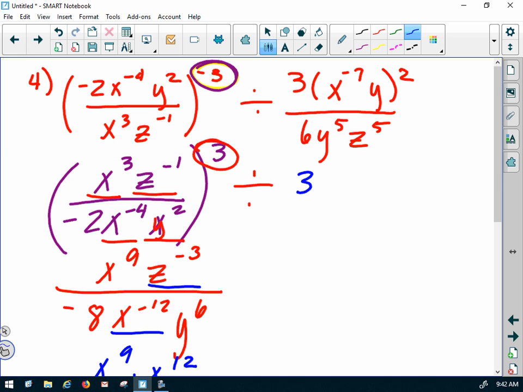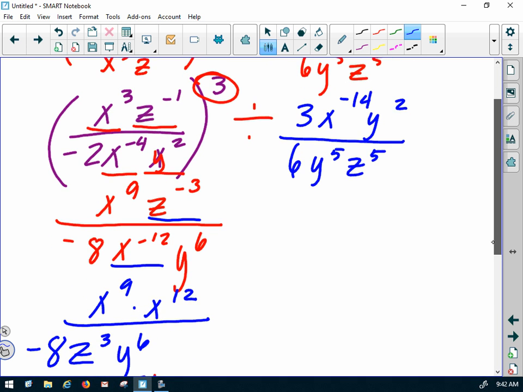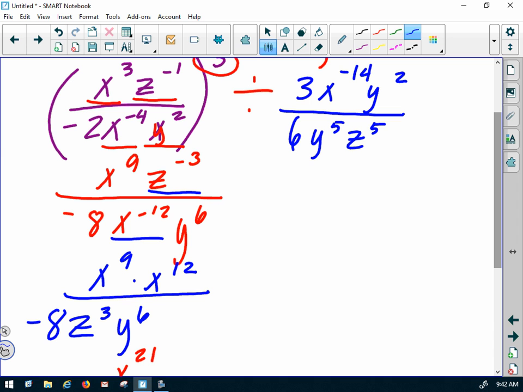That's going to be x to the negative what? 14. Times y to the 1 times 2 is 2. Do I have to do anything in the denominator? Let's just write that down. 6y to the 5th, z to the 5th. The x to the negative 14 is mad. He's going to the basement.